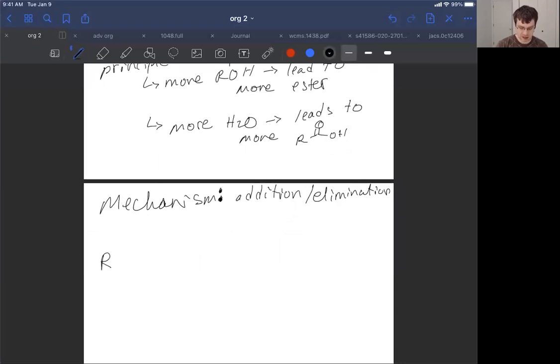But anyway, okay, so what we have here is a carboxylic acid, and this is going to engage a strong acid using one of the pairs of electrons on the carbonyl oxygen, not the oxygen that's drawn with a single bond, to get us this species.